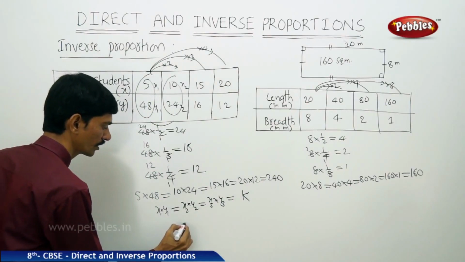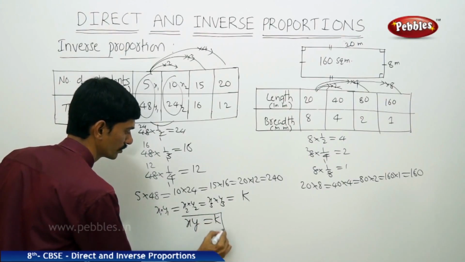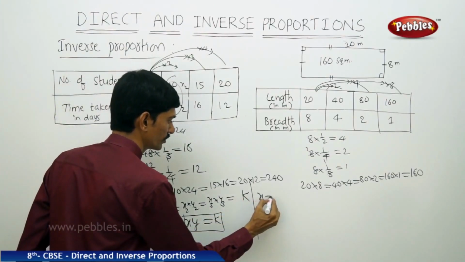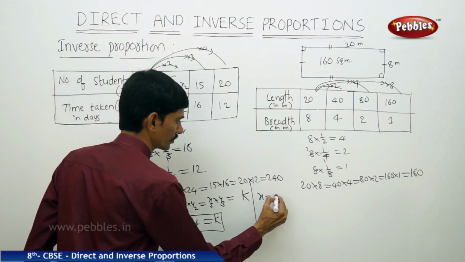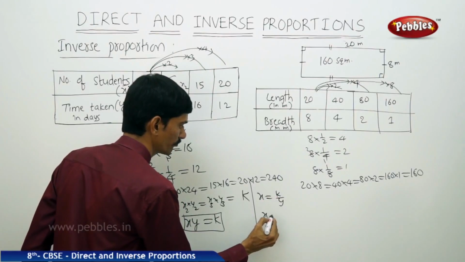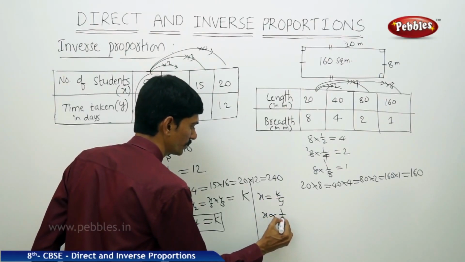So in general we can write that xy equals k. Now this can be written as x equals k by y, and this can be written as x is inversely proportional to y. So x is proportional to 1 by y.